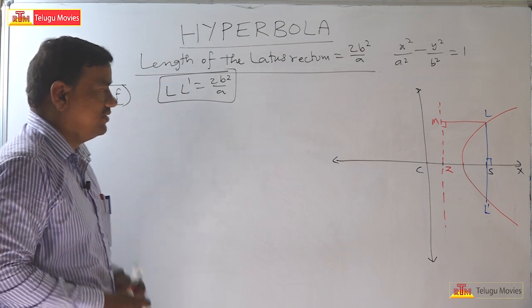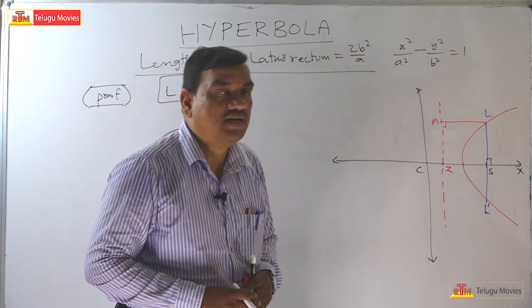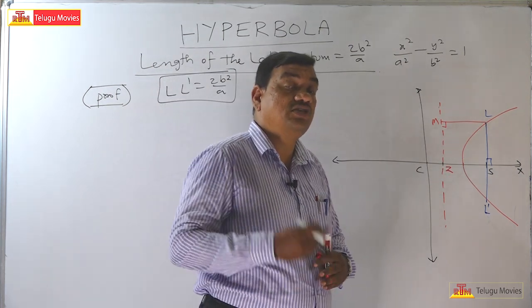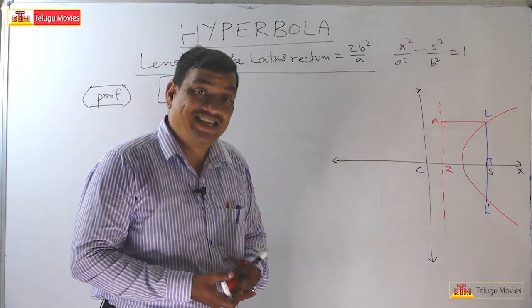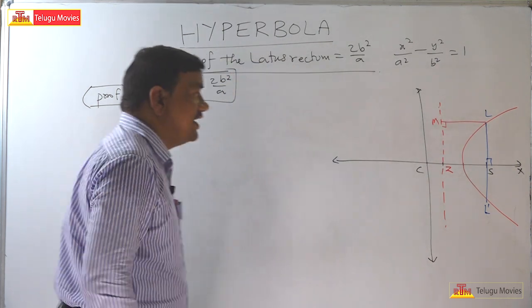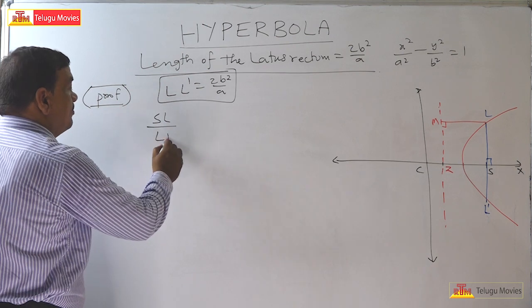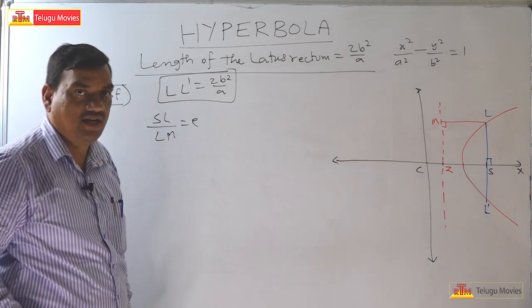Then how to proceed? Now see here, the point L is on the curve, just like P x1 comma y1. Now according to the definition of the eccentricity, we have SL by LM is equal to E, that means SP by PM, in place of P, L is there.